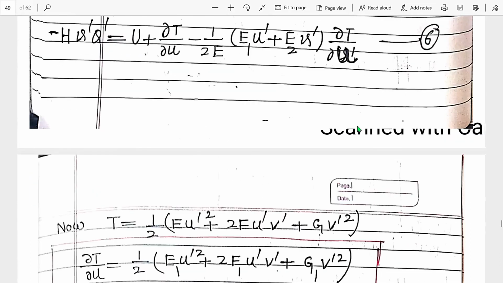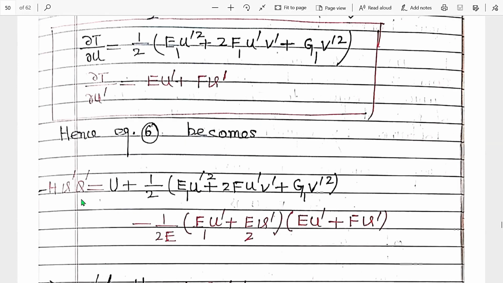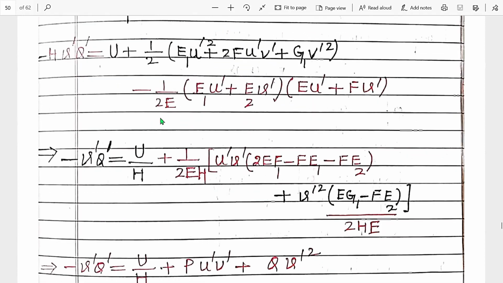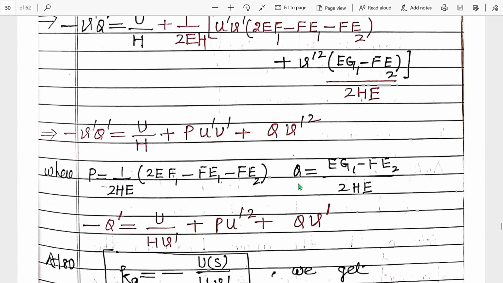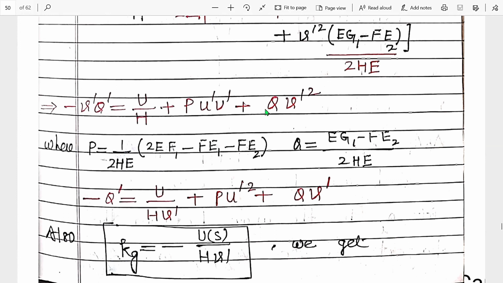Now this equation will become in this form. On simple calculation, we can write it as minus v dash theta dash U by H equals p u dash v dash plus q v dash square, where this is p and this is q. So that is the value of p and q, and this equation will be converted into this form.